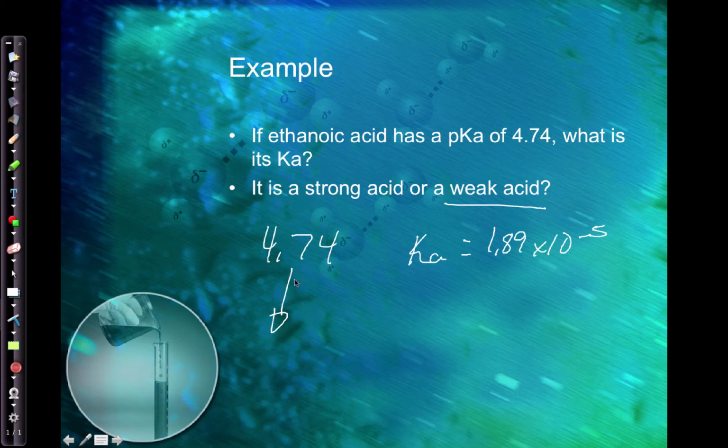So once I get to a number that is at least 1 or greater than 1, I'm going to get to negative numbers. So the closer it gets to 0, and below that, that's going to be a strong acid.